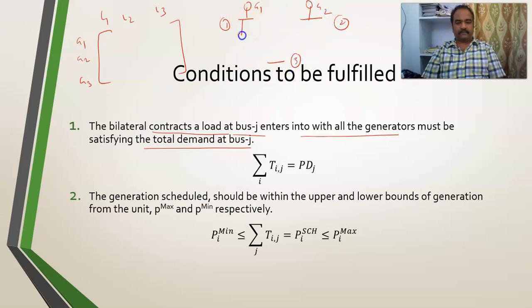Load 1, load 2, and there is a load here, L3, but it is being supplied by here and here. So at any column, the summation of all these must be equal to the load at this particular bus.